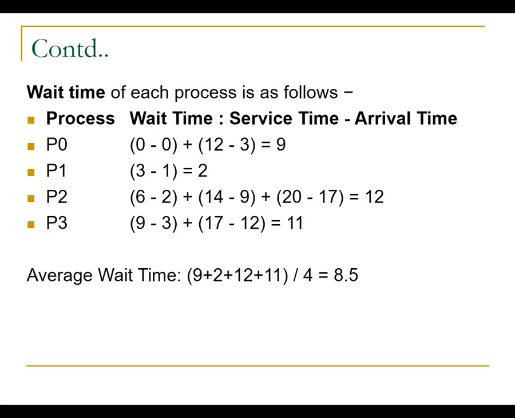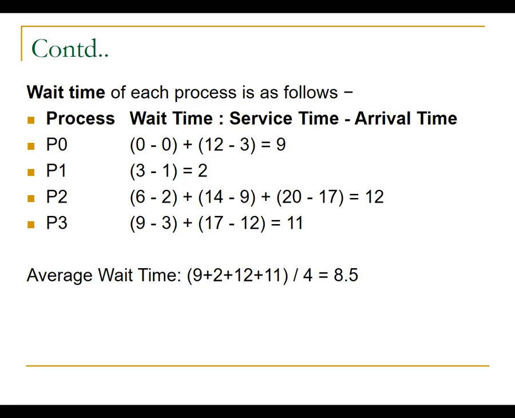So the waiting time for process number 0, that is P0, is 9 initially, whenever that particular process is generated by the system itself as requested by the user. So P0 waiting time is 9. Then P1 waiting time is 2. P2's waiting time is 12 and P3's waiting time is 11.